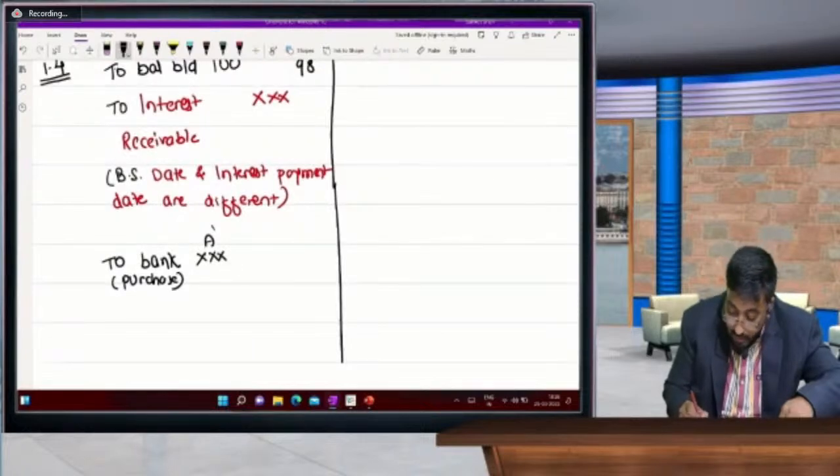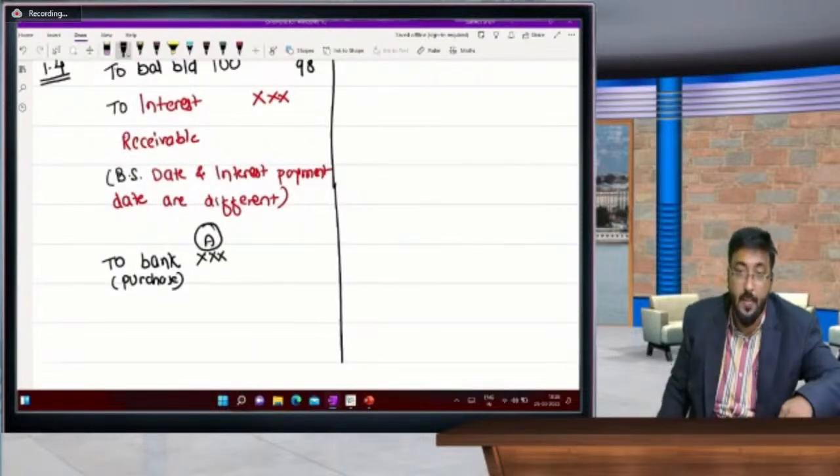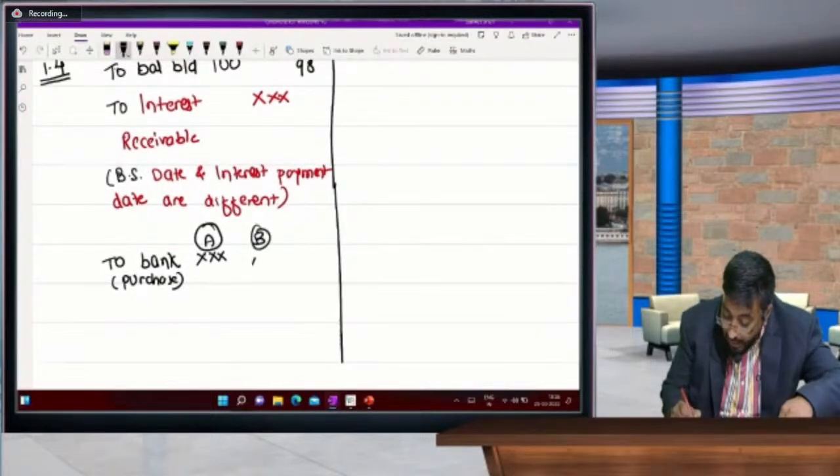Face value. In face value, you will write A. B, you are going to calculate interest.